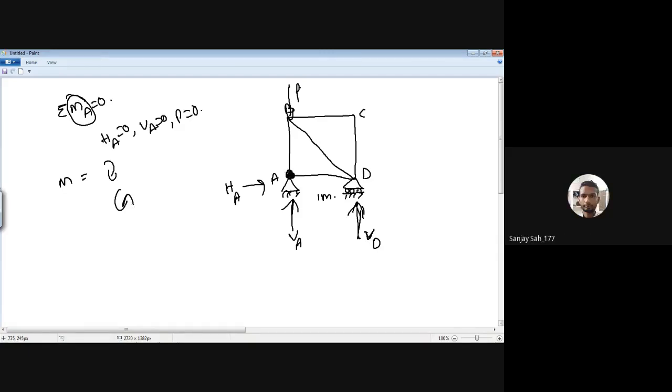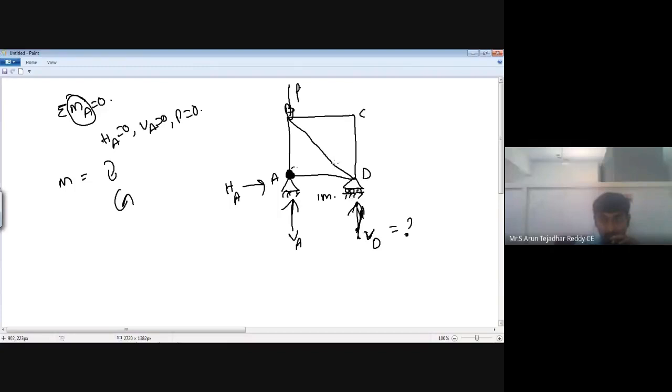Now, A as a reference point. Movement from D to A is required, because here VD is unknown. Taking A as a reference point, from D to A movement is required.